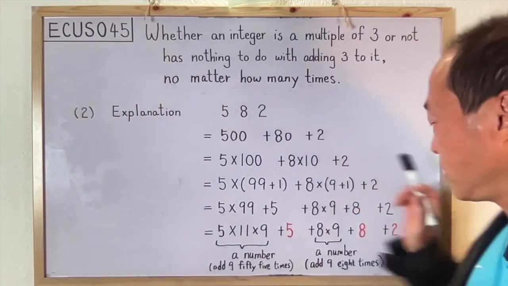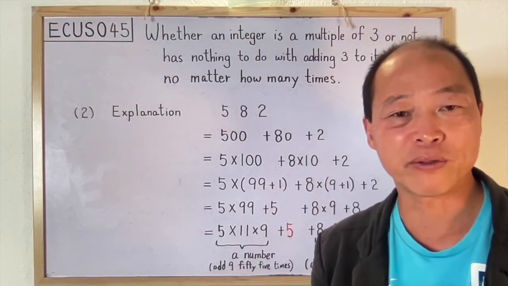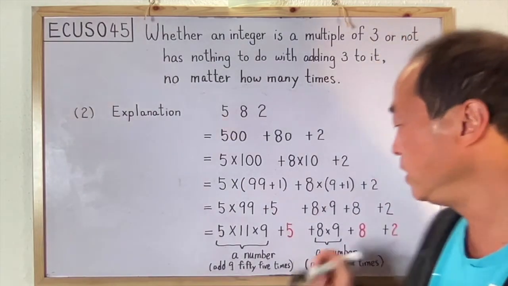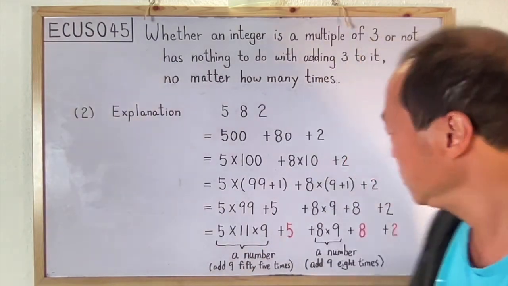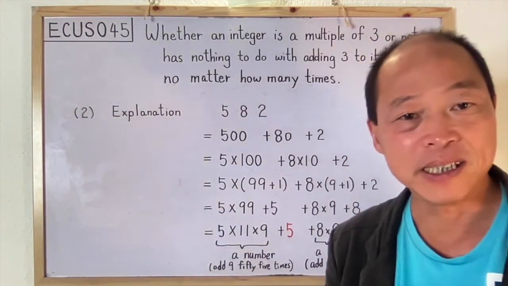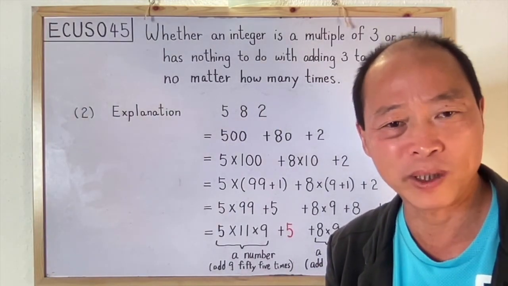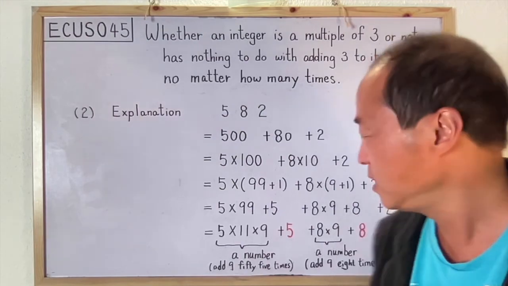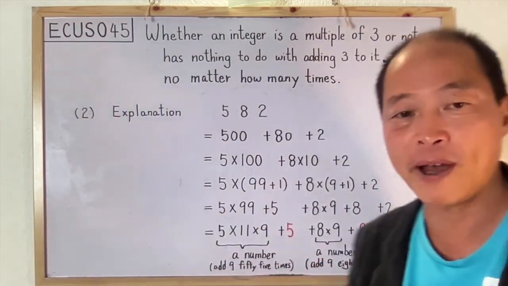Also notice that 2 plus 8 plus 5 is 15. 15 is a multiple of 3. You may say, we need to add these 2 numbers as well. However, to add this number means to add 9 8 times. What's the point of doing it? Similarly, to add this number means to add 9 55 times.